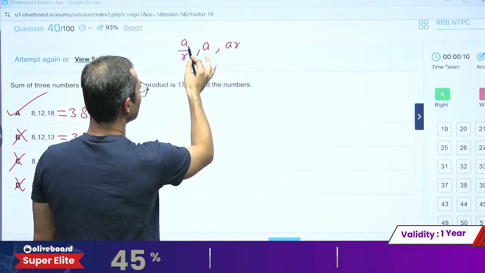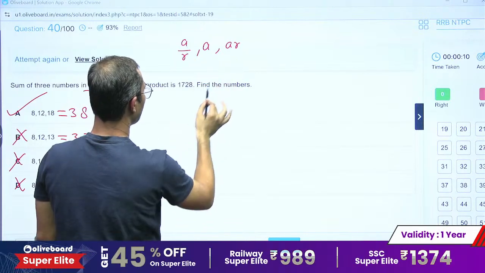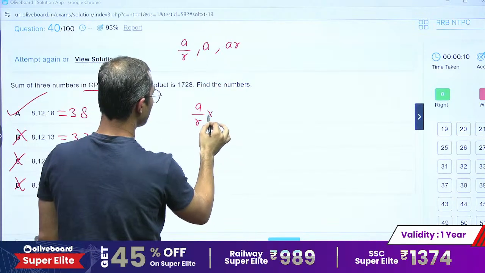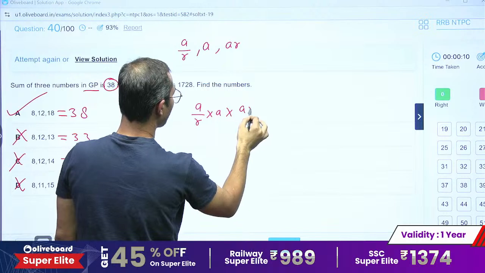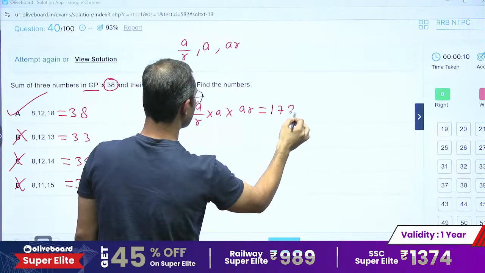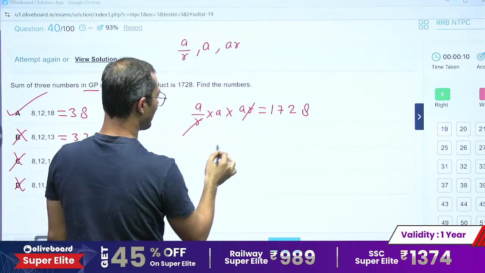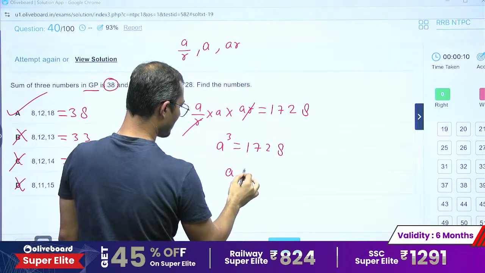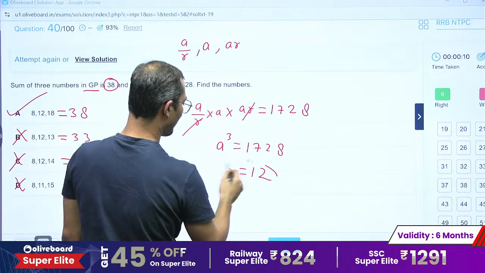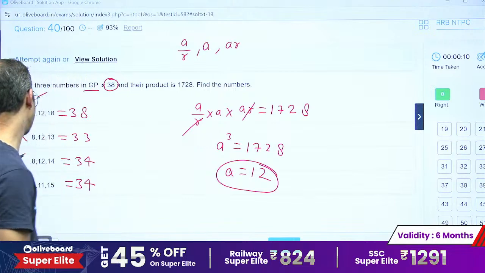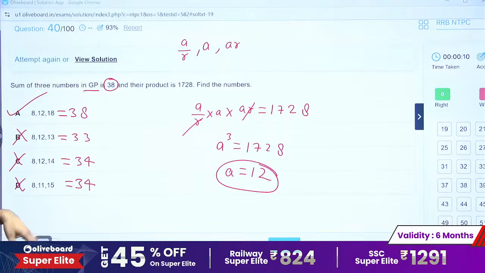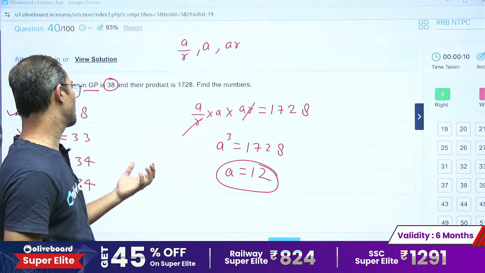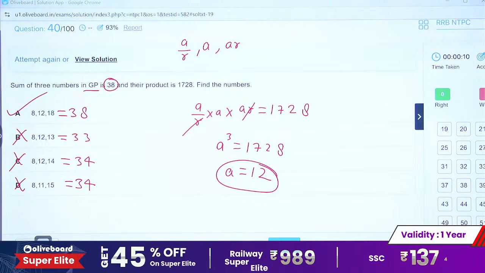So the product of this, A upon R into A into AR, must be equal to 1728, right? So R and R cancel, so A cube must be 1728, right? So A is equal to 12, okay? So now we can calculate the common ratio, or we can solve this, okay?